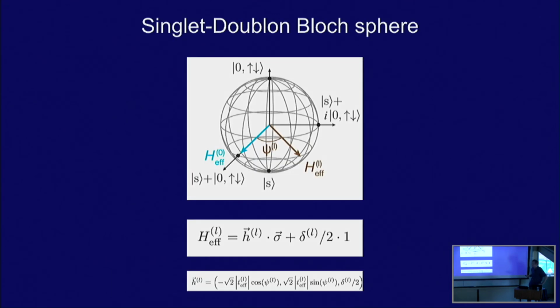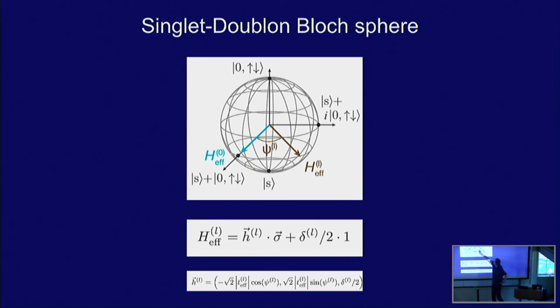Okay, and to measure the phase, we have the following measurement protocol. So this brown Hamiltonian is the Hamiltonian with the drive, when we have the interacting and driven Hamiltonian. And what we do is we start with a singlet, and then we adiabatically prepare the state on the equator.